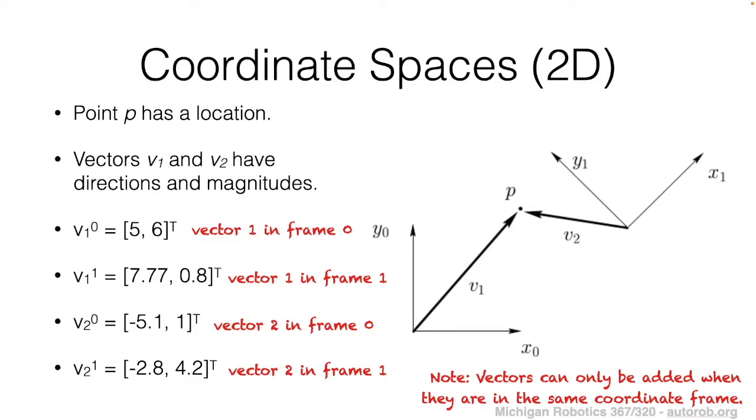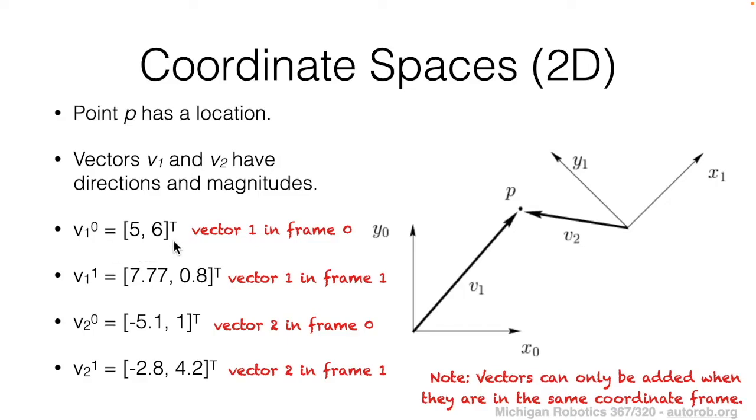Another important detail about vectors is that they can be converted between coordinate frames. On the slide, we're showing how the direction and magnitude of V1 would be represented with respect to origin 0, in the first equation here. V1 in the coordinate frame 0 is what this notation denotes.